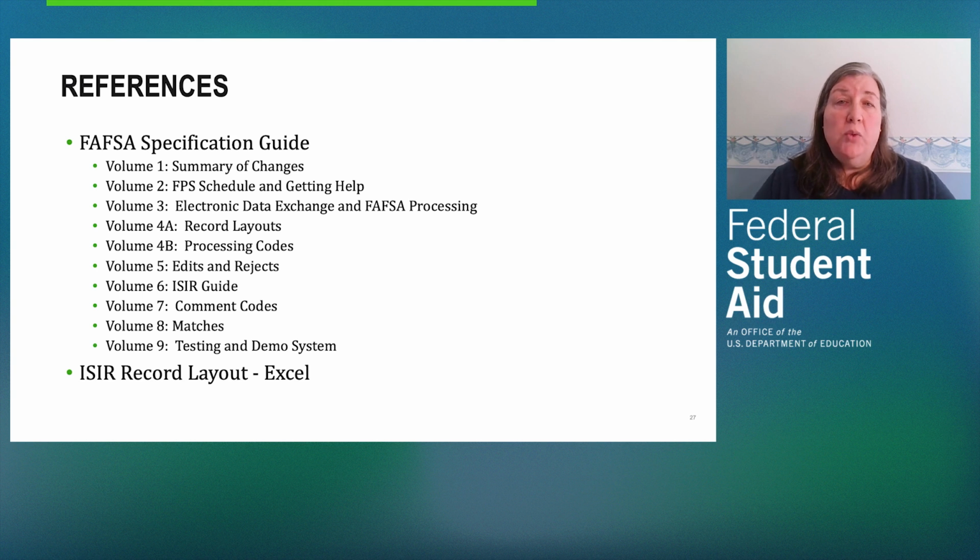Then along with all of the volumes for the FAFSA specification guide, there is a separate student aid index guide and Pell Grant eligibility. This document has all the information on how to calculate the student aid index, how to determine if a student is max Pell eligible, min Pell eligible, and any of the different values that could fall into each one of those categories.